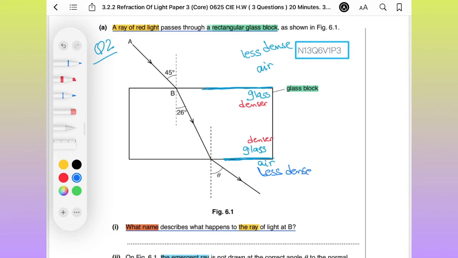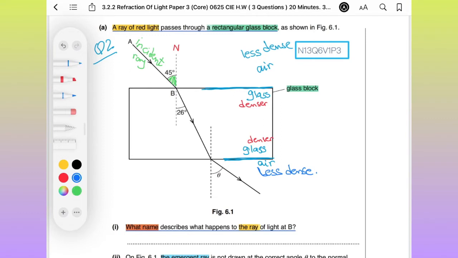Okay, this ray is called incident ray. So the angle between normal line and the incident ray, we can call this the angle of incidence, which is 45.